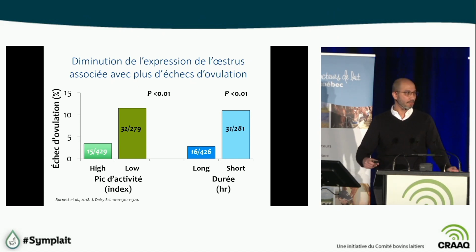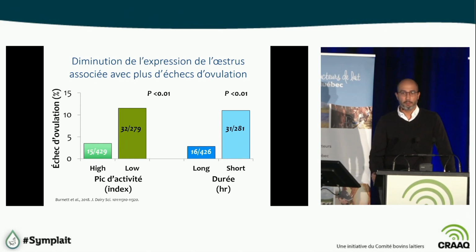Then the majority of cows, as the book says, show estrus and ovulate. Some show estrus and do not ovulate. Some, an even smaller proportion, do not show estrus and ovulate. And some don't do anything.